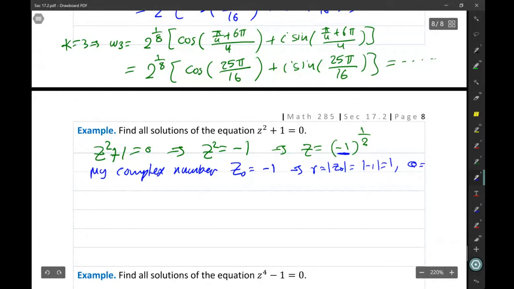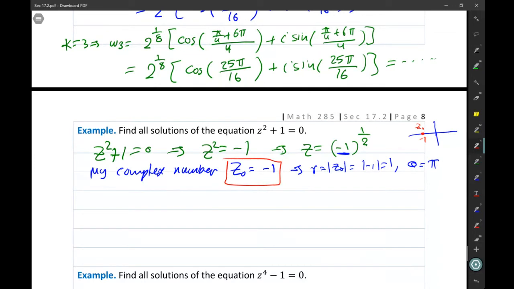Also theta is equal to pi, because this is the location of minus 1. Now I need to find the second roots for z naught, so n is equal to 2, with r equal to 1 and theta equal to pi.